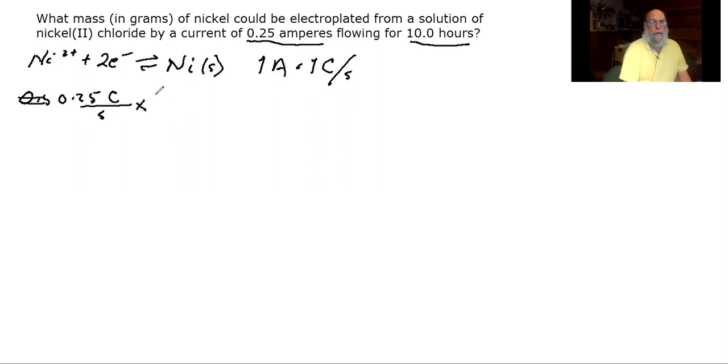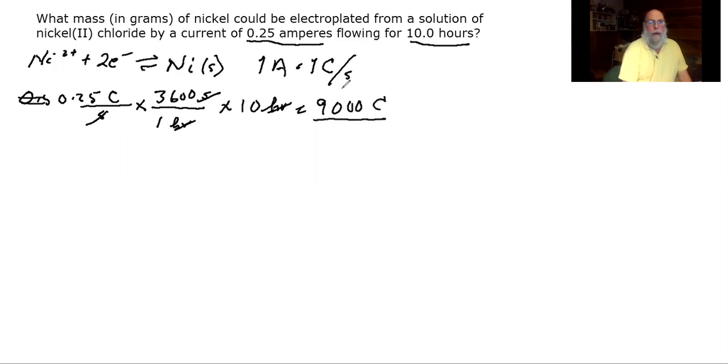So let's just switch to hours because I can easily remember that there are 3,600, 60 times 60 seconds in 1 hour. So our seconds go away. We've got coulombs per hour, and that is going to run for 10 hours. So we end up with 9,000 coulombs.